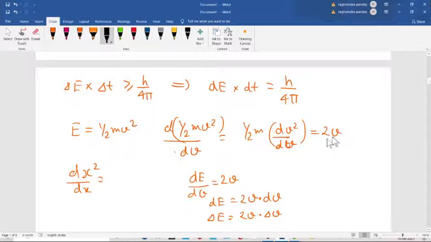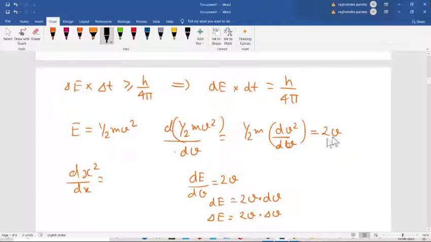We have transformed this equation into this equation simply to get the answer. See, differential of time doesn't have any meaning, because time doesn't have any formula like kinetic energy.